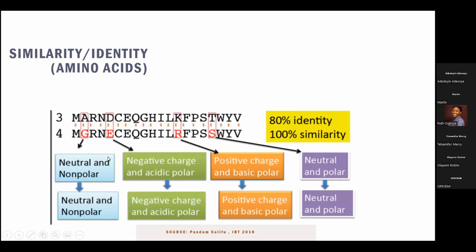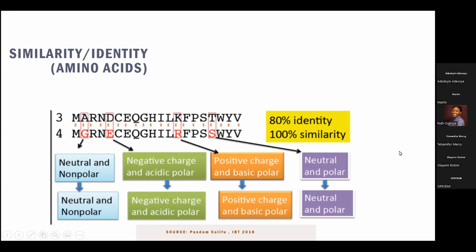But since both of them are neutral and non-polar amino acids, they are still similar. But their identity has been tampered with, because even though they are similar, they are not exactly the same thing. So here too, we have negative charge and they are acidic. Here they have positive charge and they are basic, and neutral and polar.